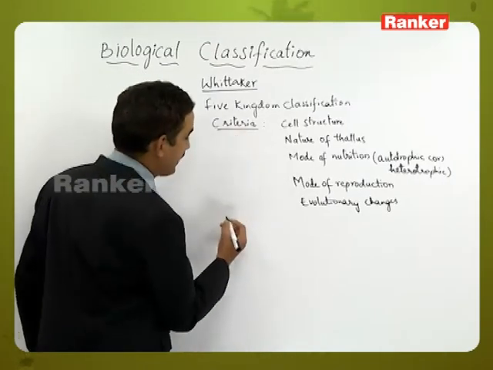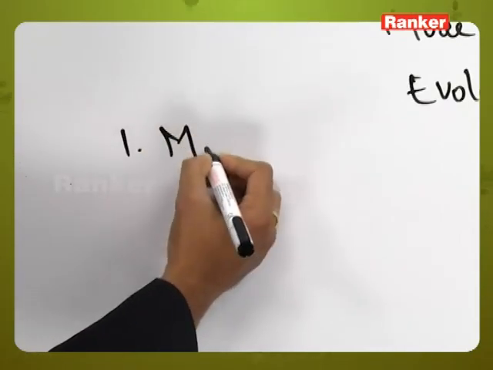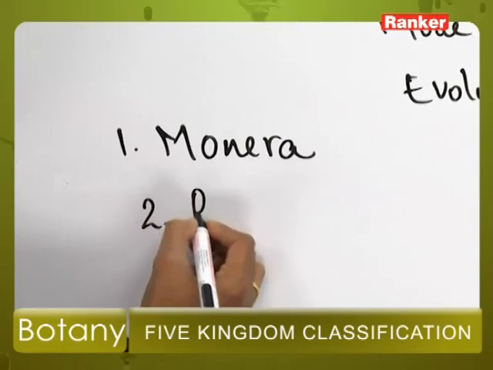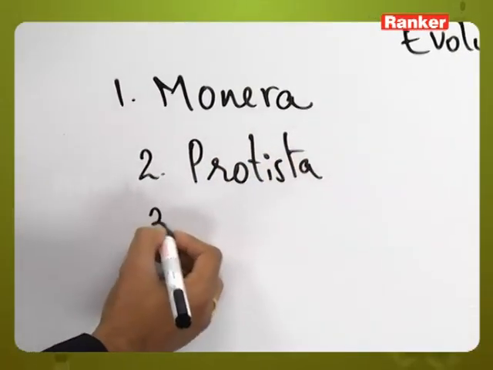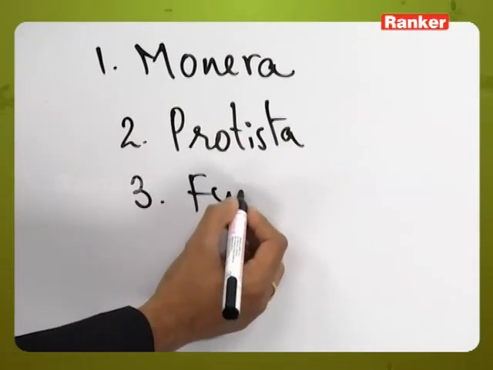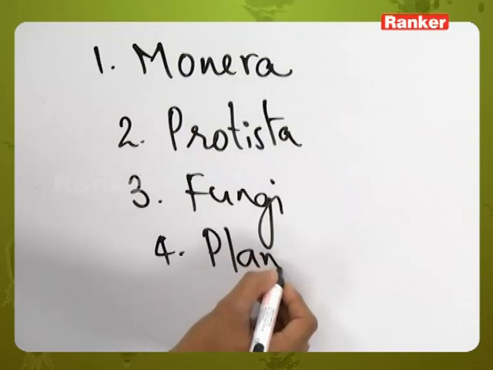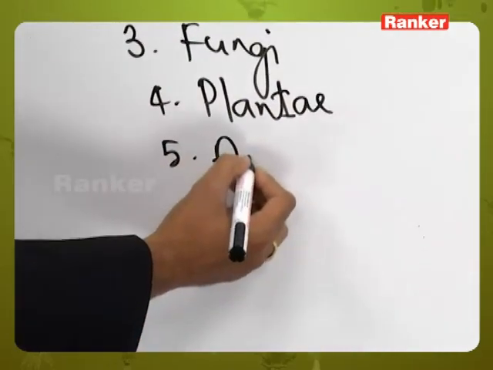And the 5 kingdoms according to this scientist are: the first kingdom is Monera, the second kingdom is Protista, the third one is Fungi, the fourth one is Plantae, and the fifth one is Animalia.